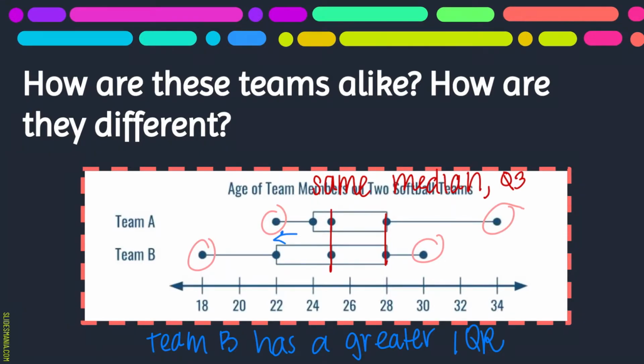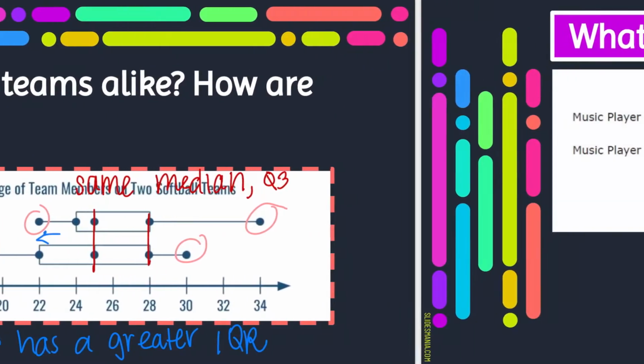I see that team B goes from 18 all the way to 30, so they have a range of 12. And then team A goes from 22 to 34, so their range is also 12. So they have the same range, but different interquartile ranges. They have the same median, the same third quartile, but different quartile 1s and different interquartile ranges.